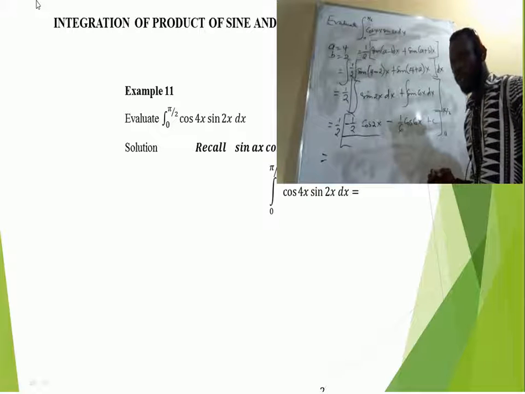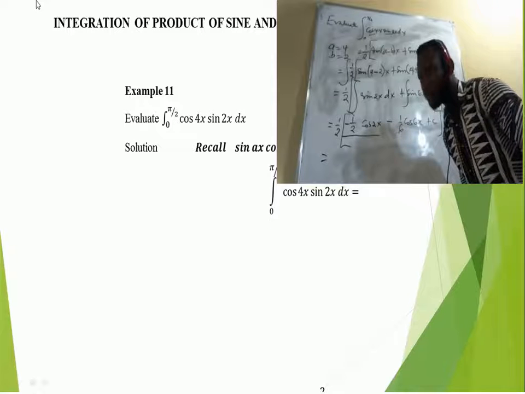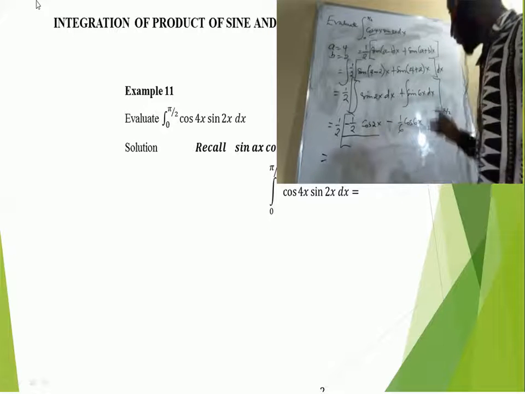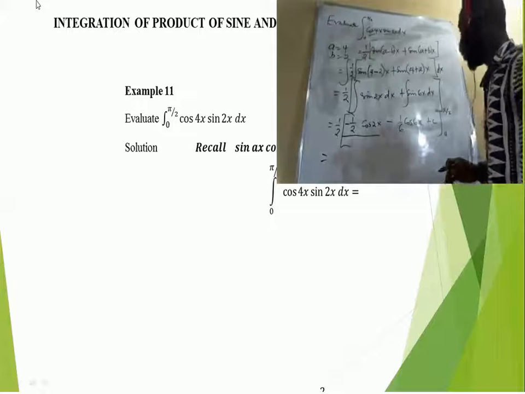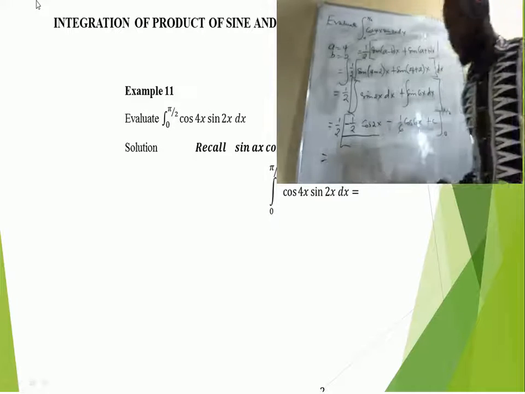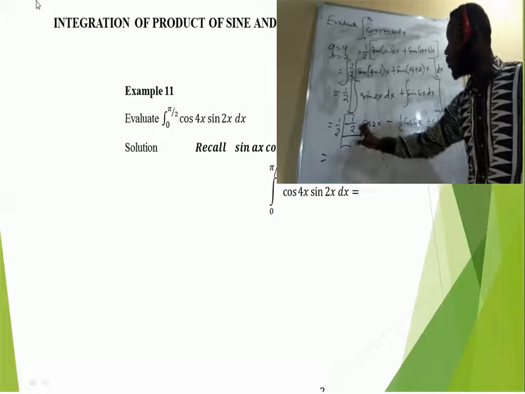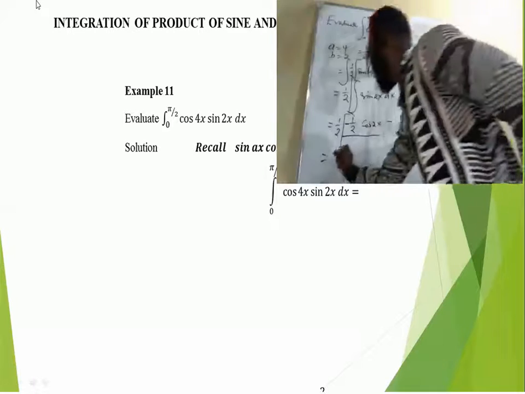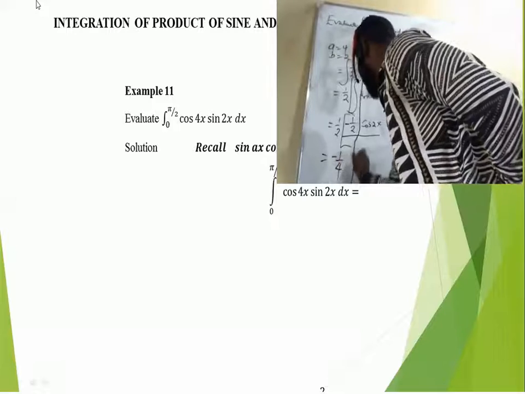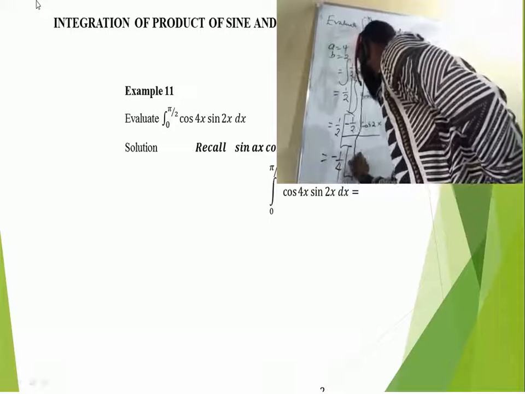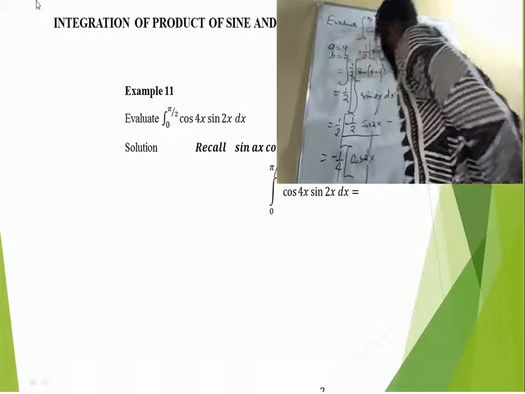Minus is common, right? Then the half is also common. So by the time you bring minus half out, here is going to be minus 1 all over 4, then we have this, that is cos 2x.